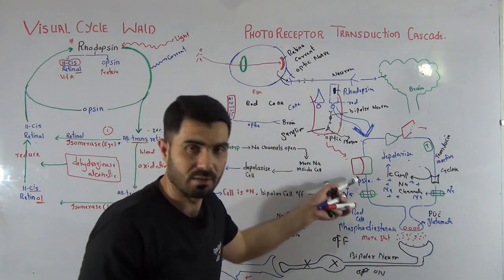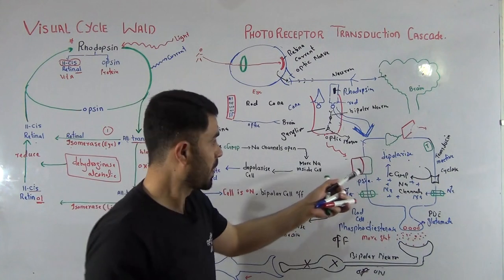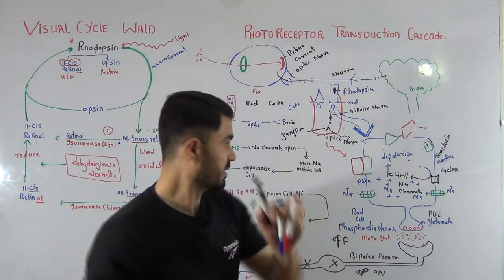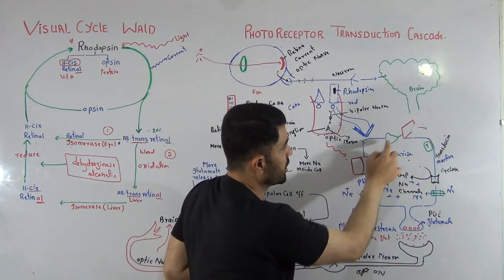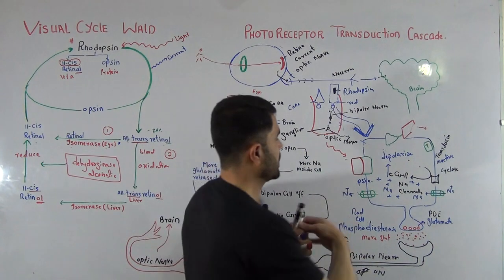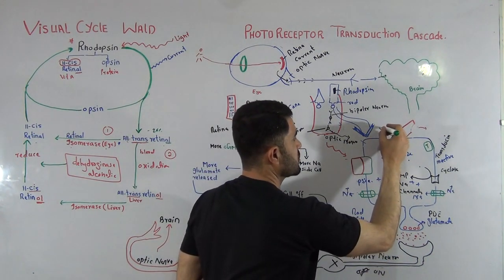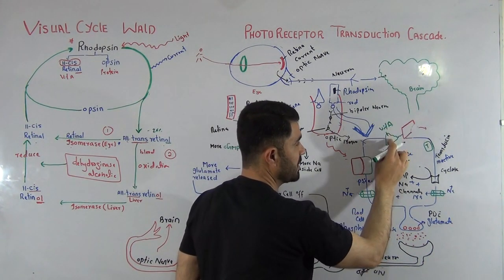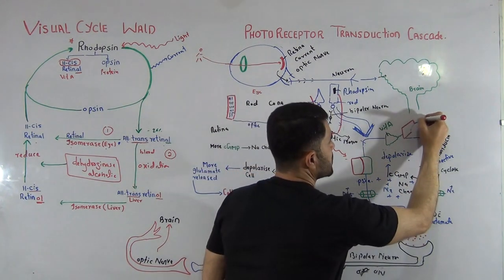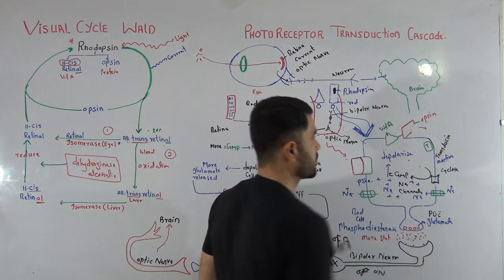When the light falls on the rhodopsin, which is vitamin A and opsin protein, it will break down into segments. This is your vitamin A segment and this is your opsin protein.